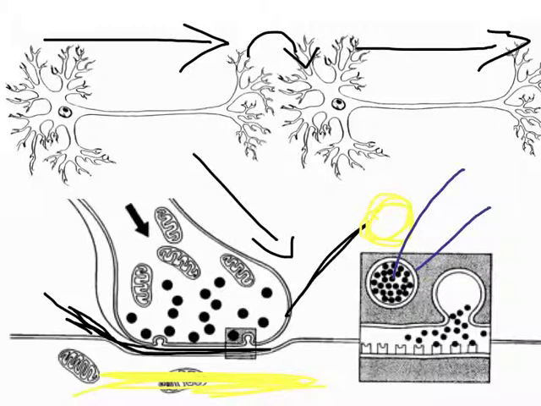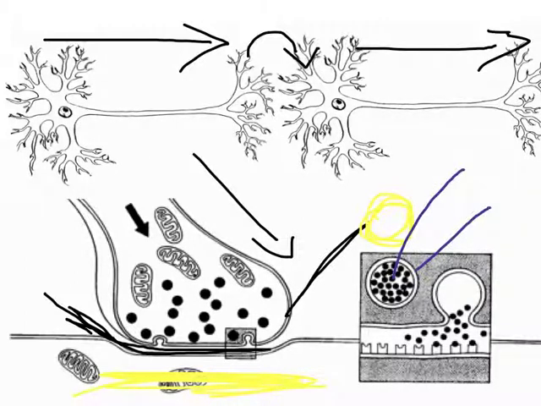Step 2, the presynaptic vesicles begin to migrate towards the synapse. All these little dots will move and fuse right here.